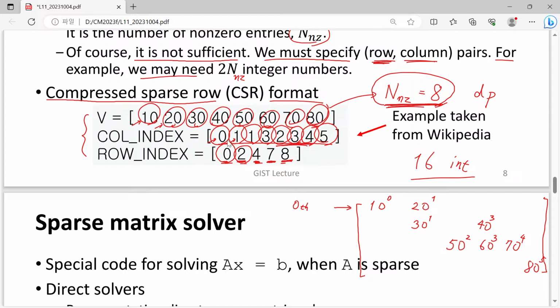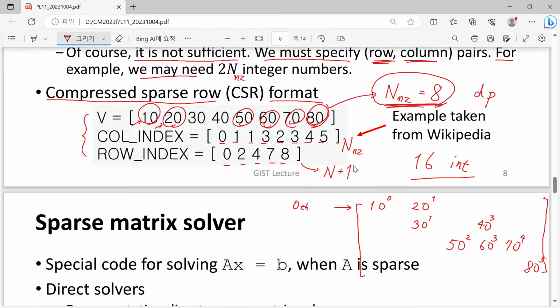In the case of the column index, it is always equal to the number of non-zeros, nnz: 1, 2, 3, 4, 5, 6, 7, 8. However, for the row pointers there are 1, 2, 3, 4, 5. This corresponds to our n value plus 1.